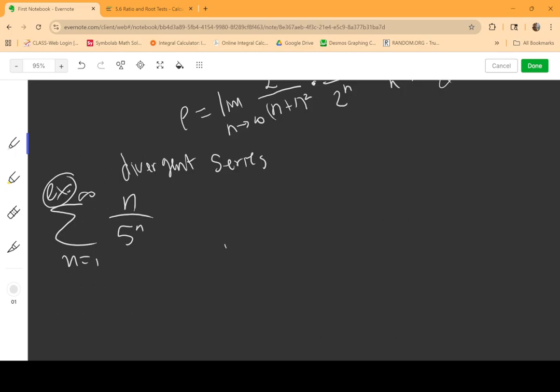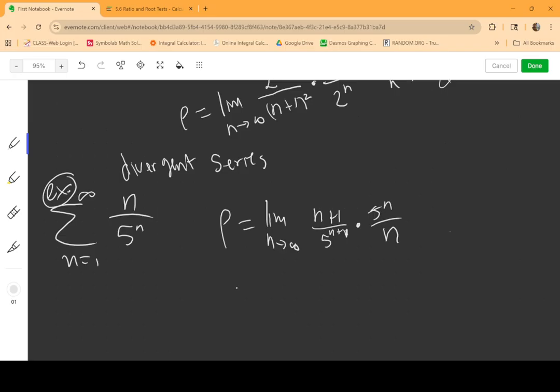Applying our ratio test, n is always positive, so when I write the limit, I don't need to put the absolute values because the values themselves are always positive. I'll start off here with n+1, the next term, over 5^(n+1), and then times the reciprocal, 5^n over n.